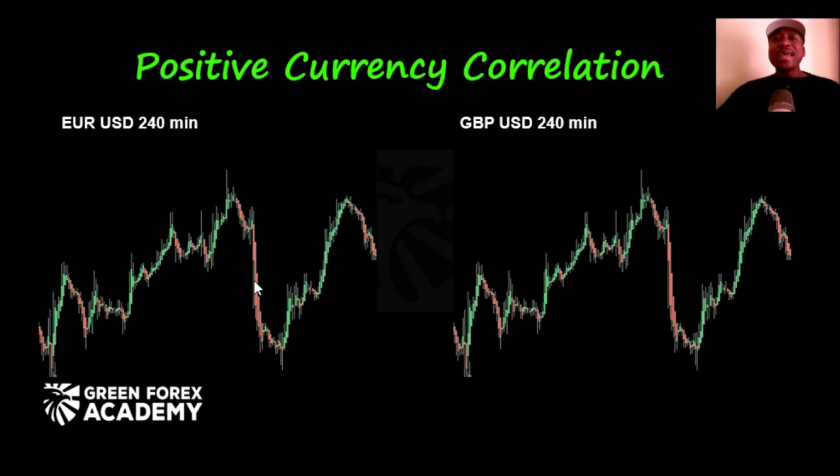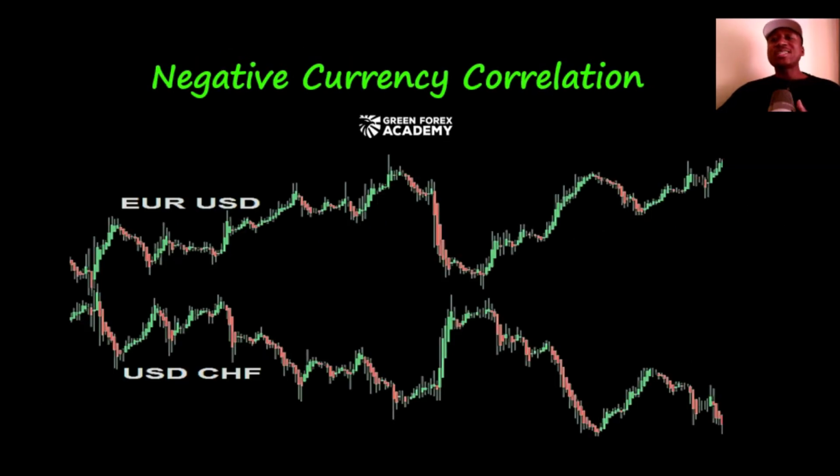So why is it positively correlated? It is because Euro USD and GBP USD are moving in the same direction. So positively correlated currencies are currencies that move in the same direction, while negative currency correlation are currencies that move in an opposite direction.